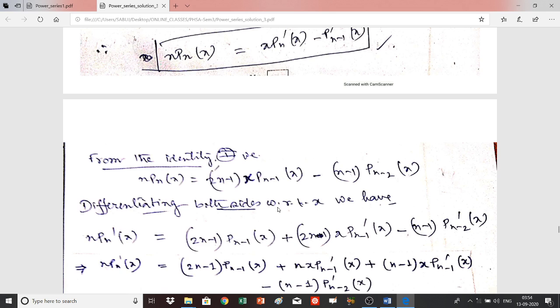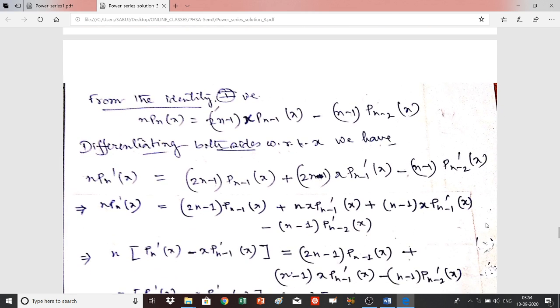Okay, then x is a common term, so it will be the constant term, then P(n-1) x, and from here P(n-1) prime x minus (n minus 1) P(n-2) prime x.